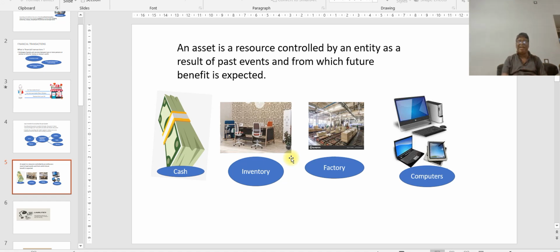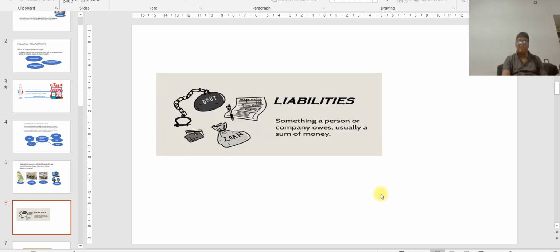Suppose he leased a factory, then the factory will earn income in future. Suppose he possesses a computer, the computer will be used to do business in future. Then inventory also will be utilized in the business. So examples are cash, inventory, factory, computer, etc.